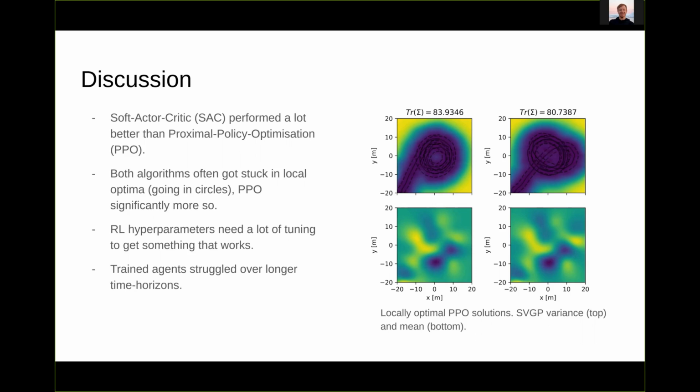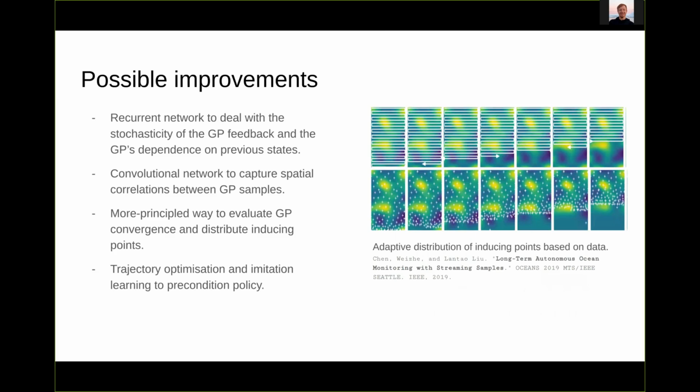Additionally, we found that training agents over longer time horizons proved to be difficult. We expect that improvements to the agent's policy architectures may improve these issues quite a lot. One possible improvement would be to include a recurrent network in the agent's policy, which could help the agent recognize the dependence of the Gaussian process feedback on previous states and deal with the stochasticity of the reward signal.